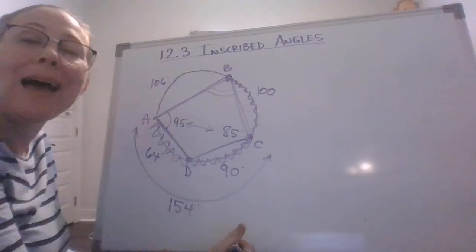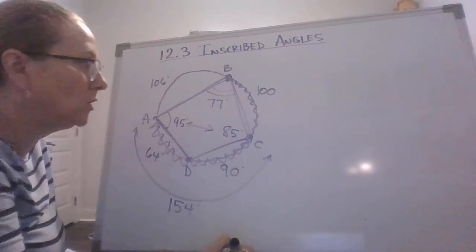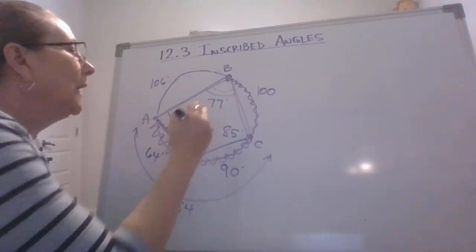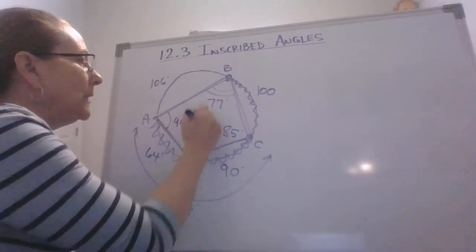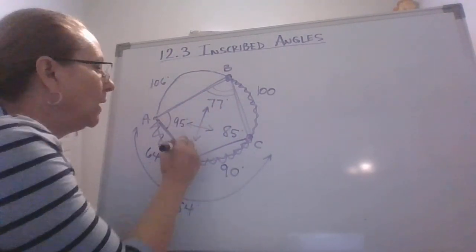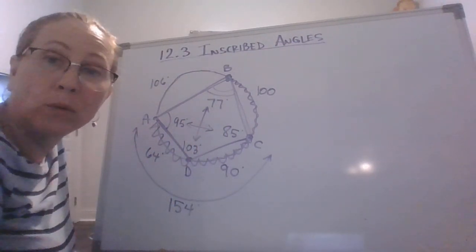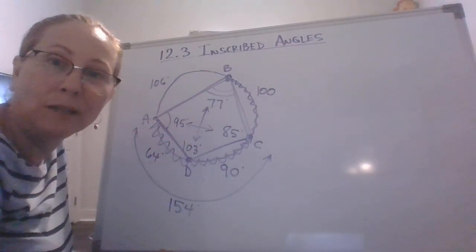The angle, half of that, 77 degrees. Again, B and D are supplements. So 180 minus 77, 103. And now we have all four of those angles with those arcs given.